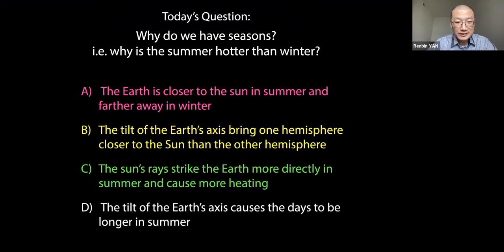Okay, so I'll tell you. 20% of you said A is correct, 80% said B is correct, 20% said C is correct, and 20% said D is correct. Of course, this is multiple choice, so you can select more than one. Most of you thought B is the most likely reason, but all options got some votes.